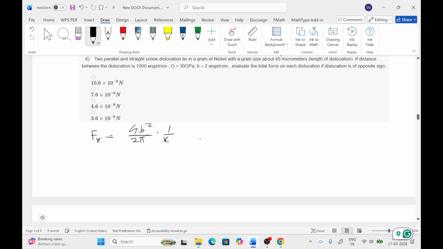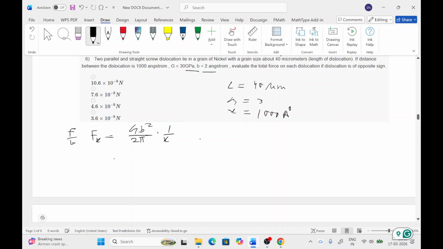So this Fx is the force per unit length. The given length is 40 micrometer, G is 30 GPa, B is 2 angstrom, and x is 1000 angstrom.